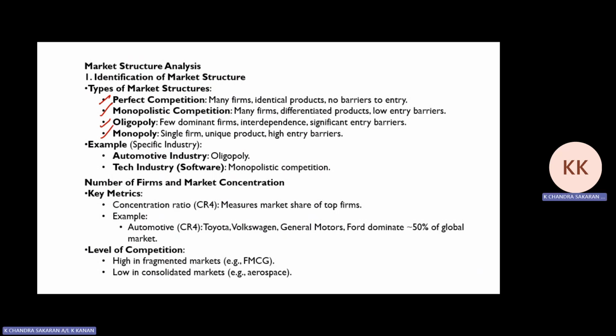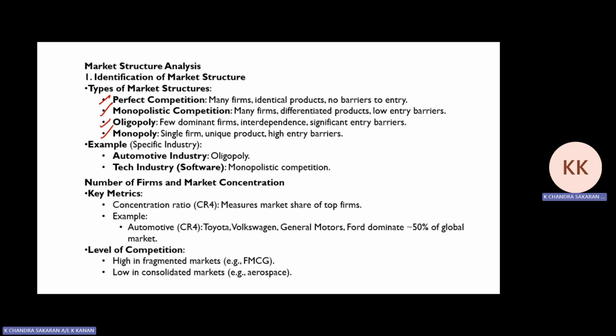No entry barriers: anyone can go into the industry and start the business, and any firm that wants to leave can leave. So they have no market power. They cannot set the price. If the firms in the industry you have chosen cannot set the price, it must be a perfectly competitive industry.